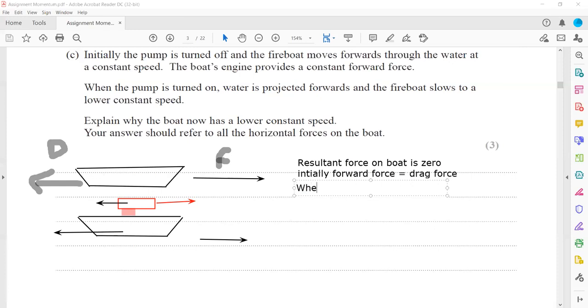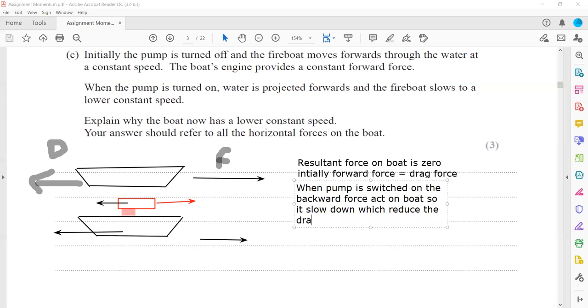So when the pump is switched on, the backward force acts on the board. So it slows down, which reduces the drag as well.